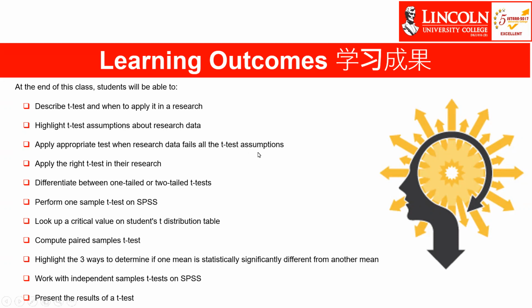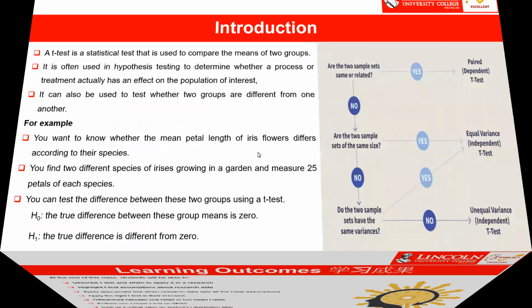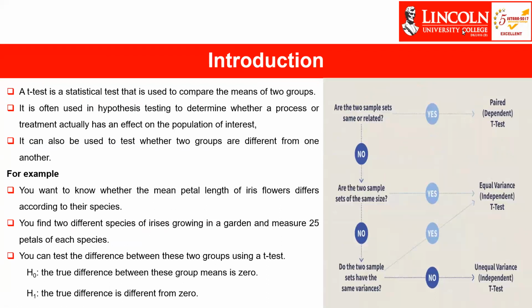So to start with, a t-test can be described as the statistical test that is used to compare the means of two groups. It is often used in hypothesis testing to determine whether a process or treatment actually has an effect on the population of interest. It can also be used to test whether two groups are different from one another.